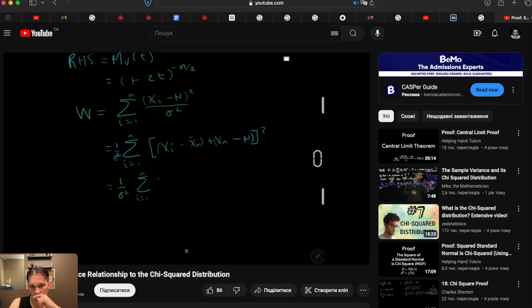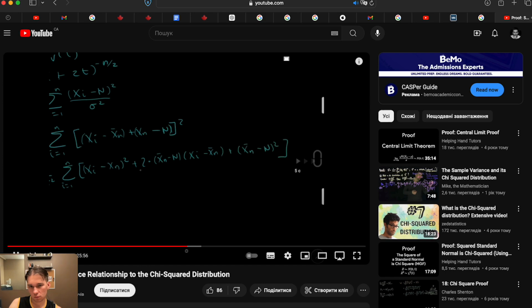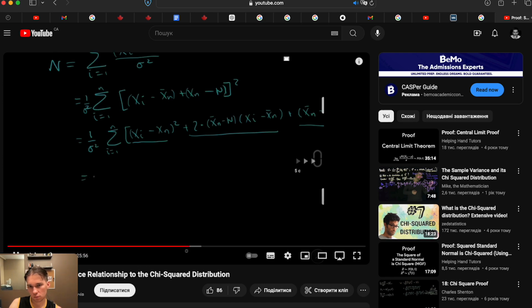So this is going to be equal to the first term squared, plus 2 times another term. We're going to separate the sum out and divide by sigma squared for all of them.